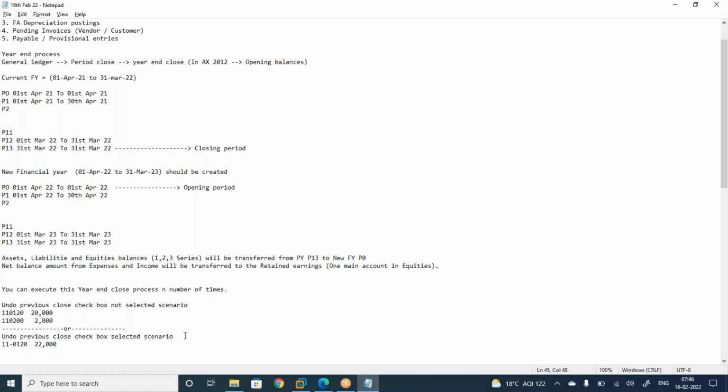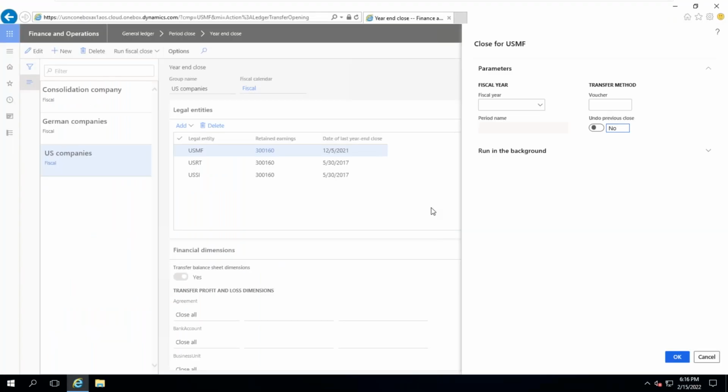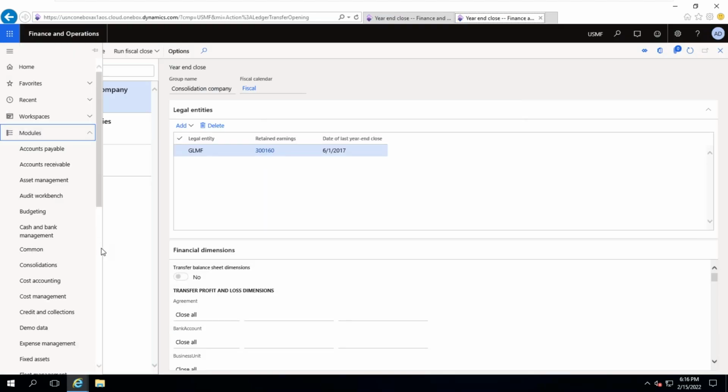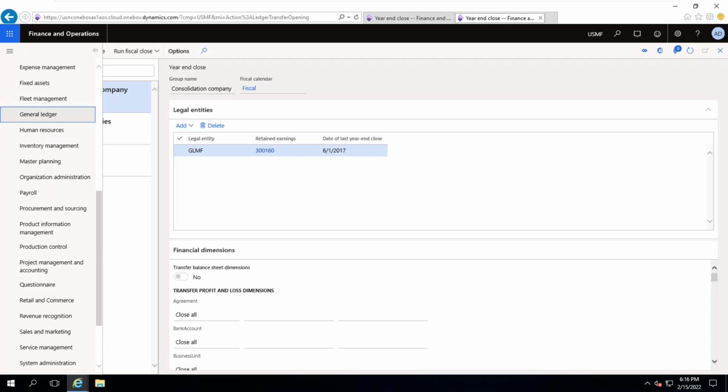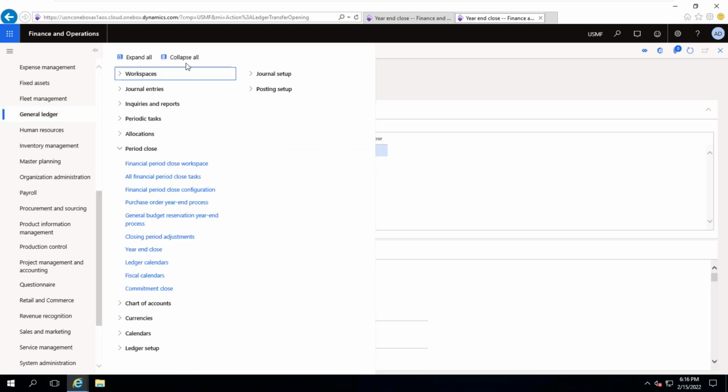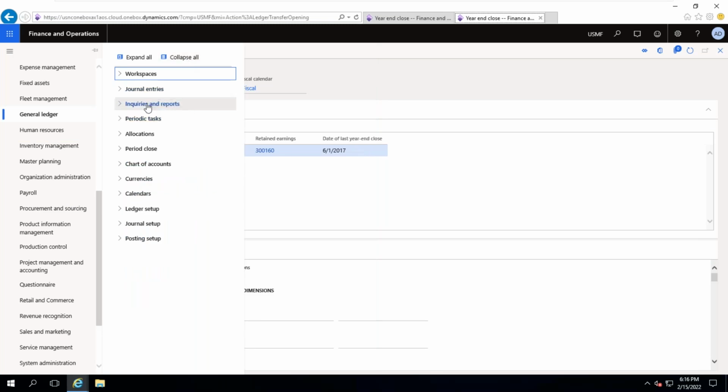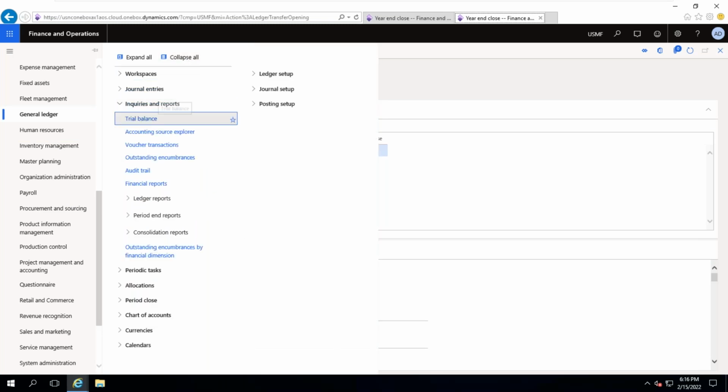Got my point? Any questions in this area? So once it is executed like this, you can get a trial balance. In the trial balance, if you go to General ledger, collapse all, Inquiries and reports, Trial balance.